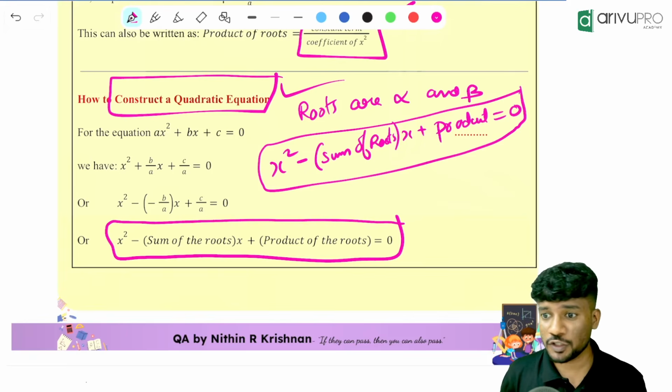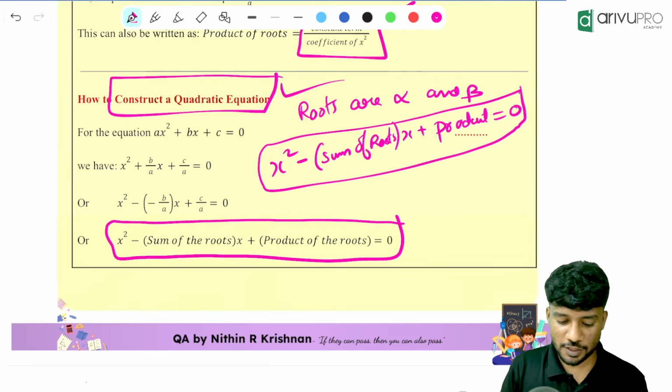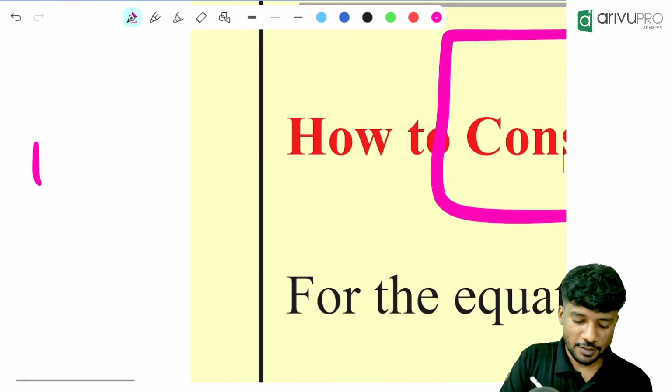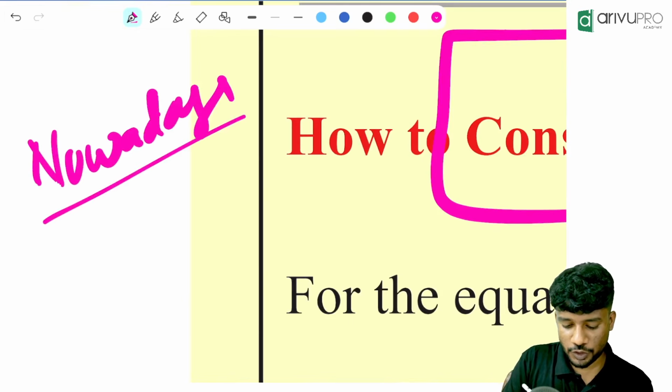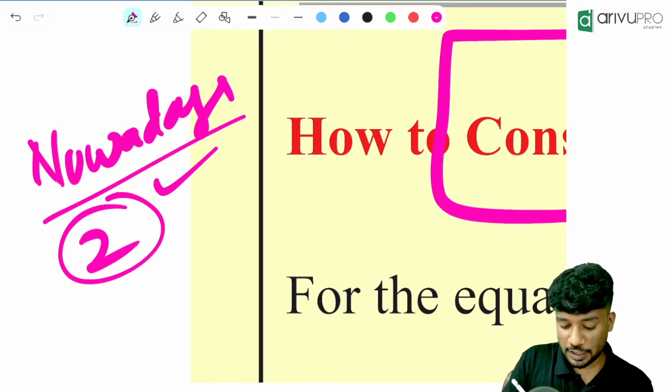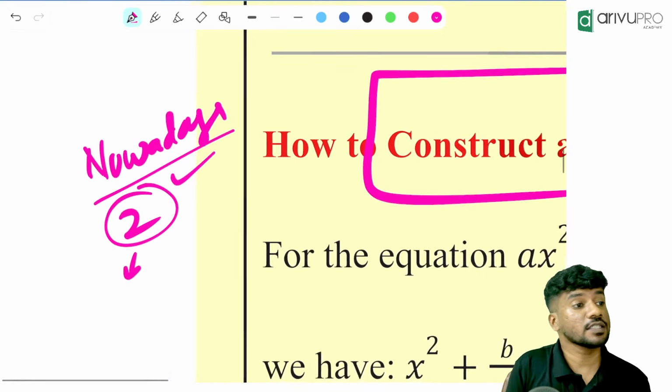Sir, why is he asking all of a sudden? Because nowadays questions in chapter number 2, or quadratic equations, are more connected to our basic identities.